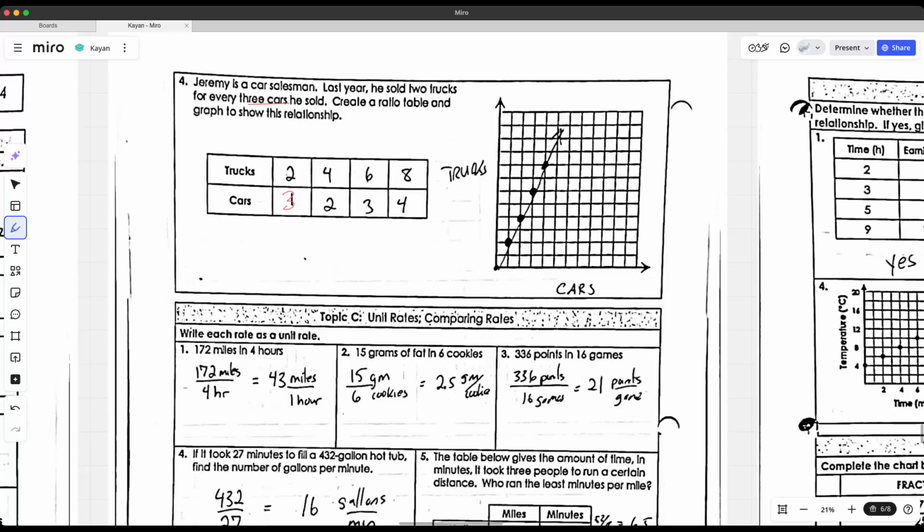So for every 2 trucks he sells, there's 3 cars he sells. So then I'm going to add another 2 trucks, which means I'm going to have to add 3 more cars. And if he sells even another 2 trucks, then he's going to sell another 3 cars.